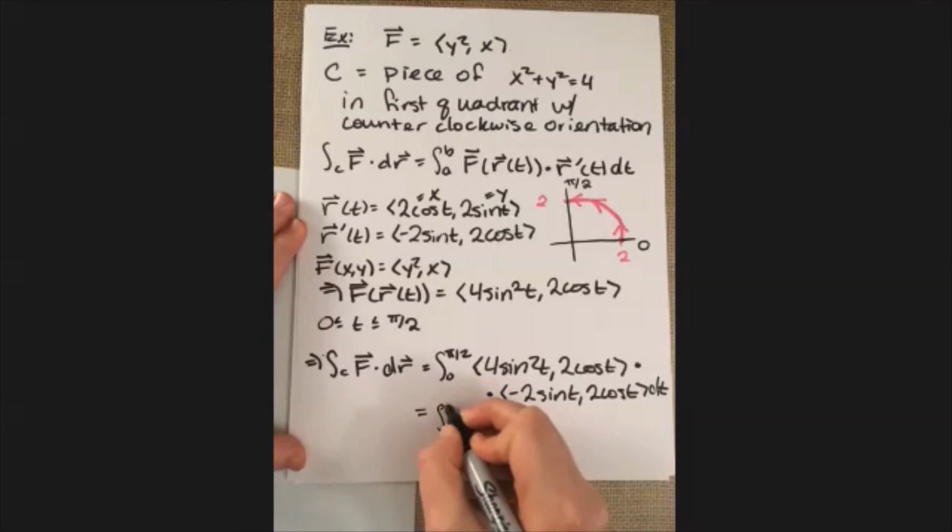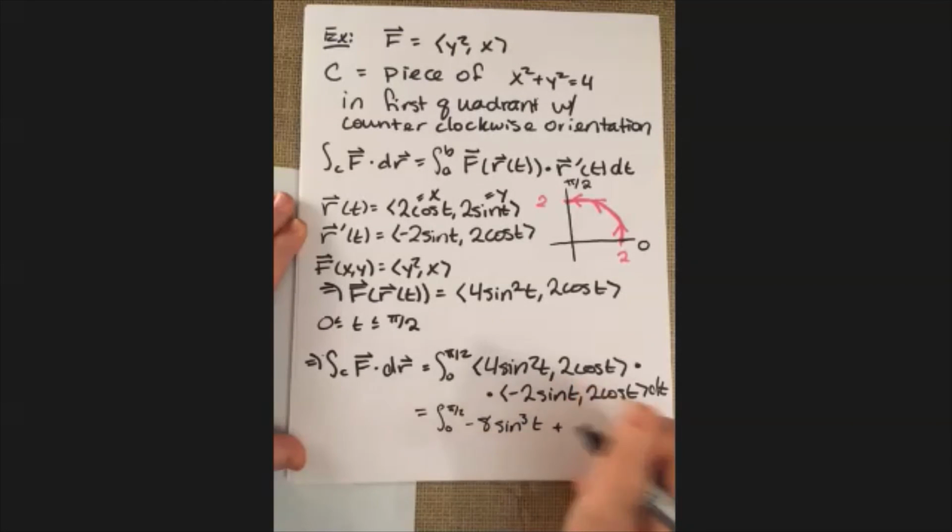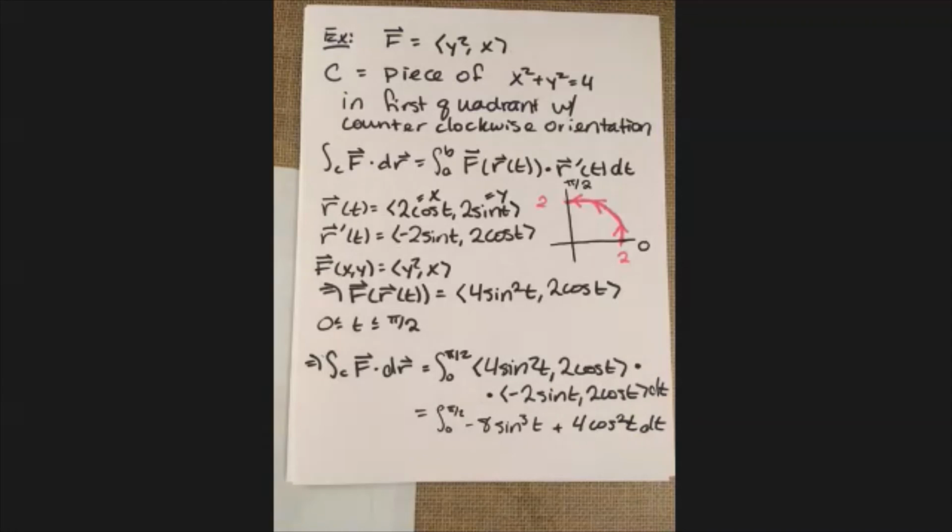Before you can integrate, you have to do the dot product. We're going to get negative 8 sine cubed t plus 4 cosine squared t dt. So that's pretty much it. That's all you have to do to set up the integral.